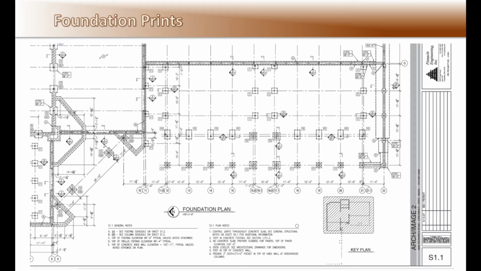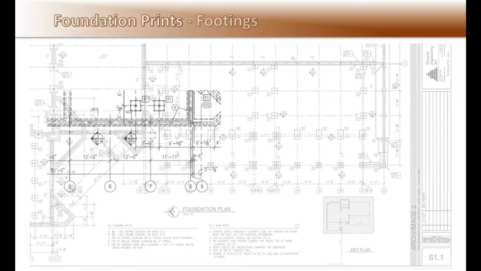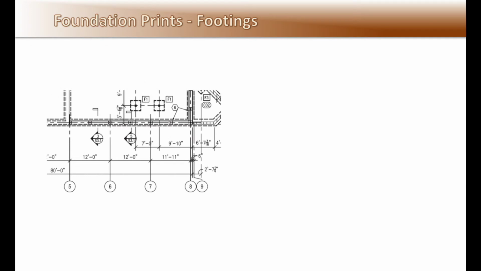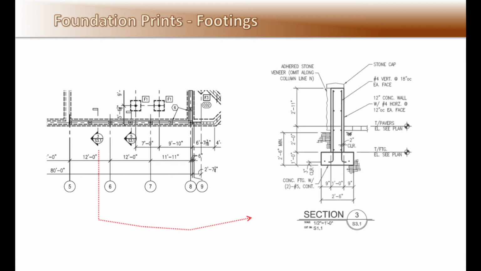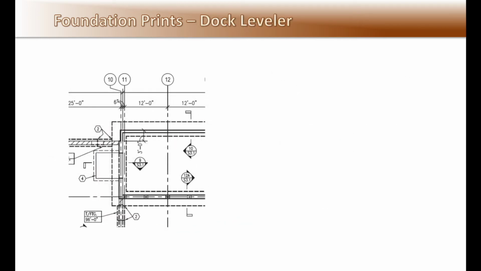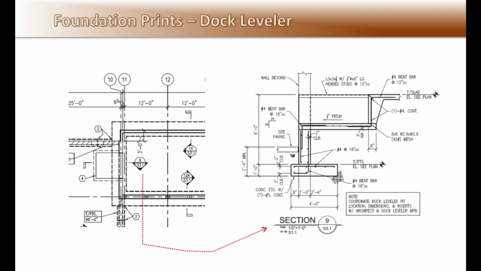Included with this foundation plan are the general requirements for the 6-inch slab-on-grade, and at the lower portion of the plan are additional general notes and reference marks. Also note all the section cuts that are referenced to other sheets. Here is an example of a section cut for a footing and wall and a dock leveler.